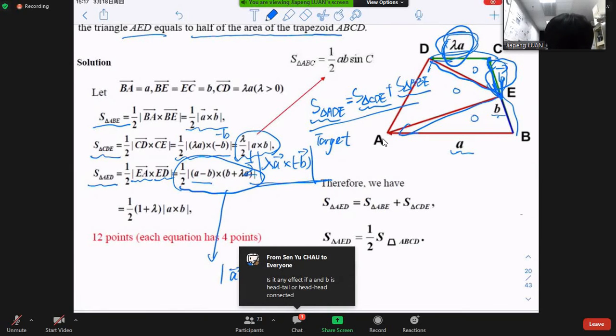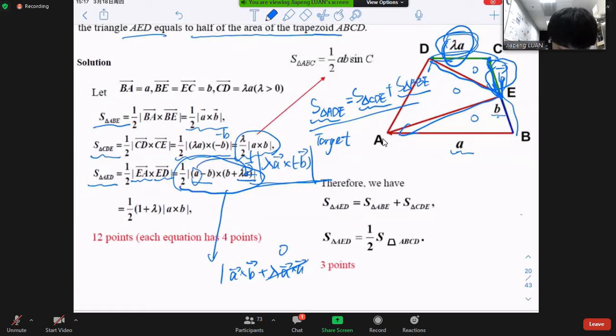lambda A cross A is actually 0, right? So this is 0, and also this is 0.